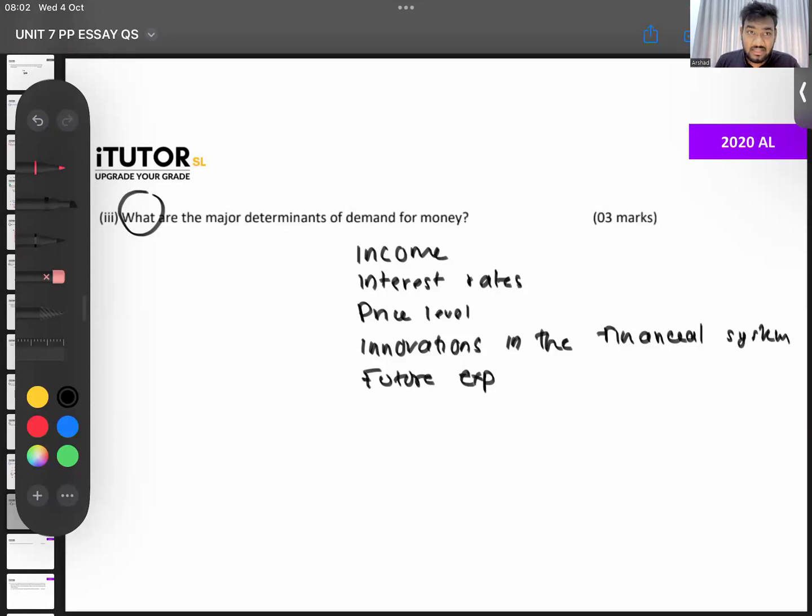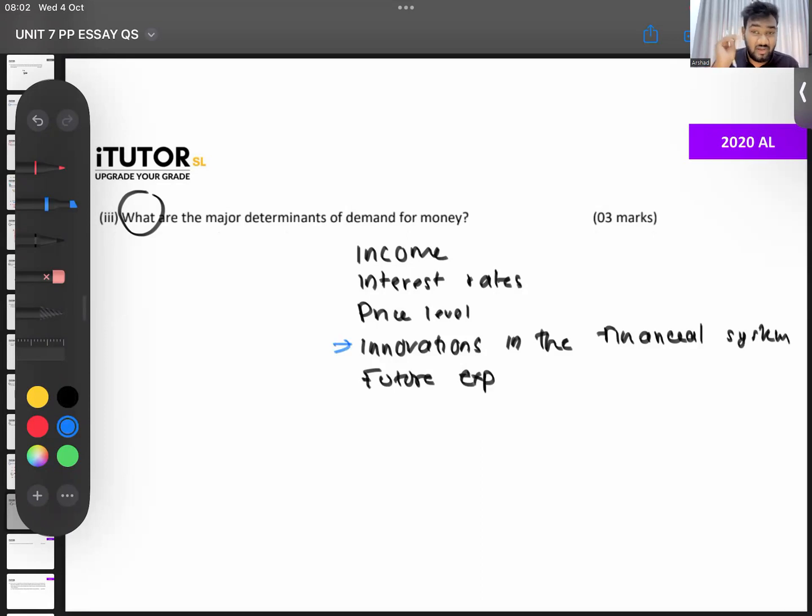Now, for example, let's say I know next month I will get a higher income. Let's say I'm getting a promotion. So that can actually help. Time gap is not really a determinant. I think these are the main factors. So institutional factors, you can put under innovations in the financial system.